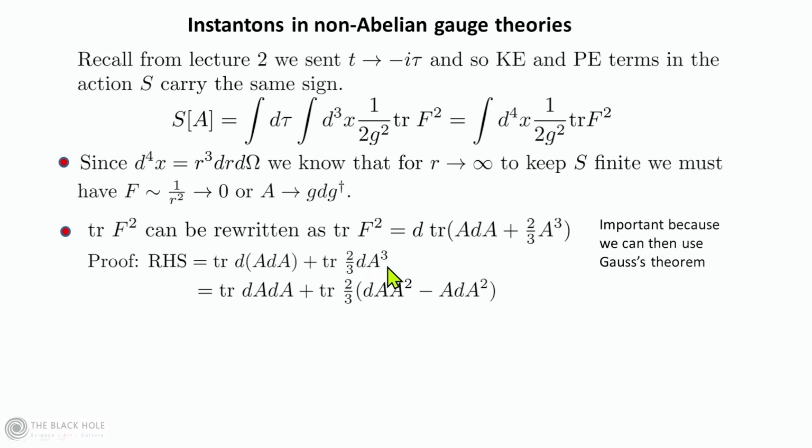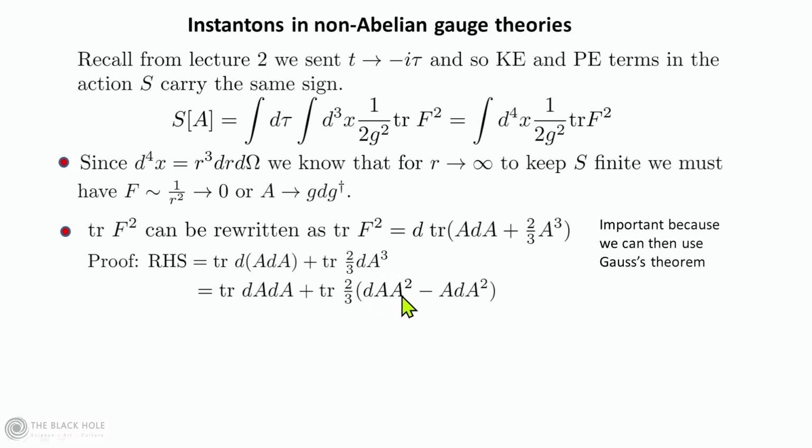D acting on A cubed can be written as D acting on A into A squared. So I've written A cubed as A into A squared, which, of course, I'm allowed to do. So then this is dA, A squared.